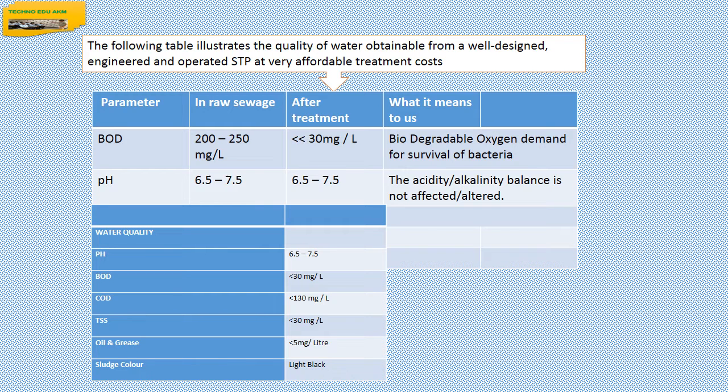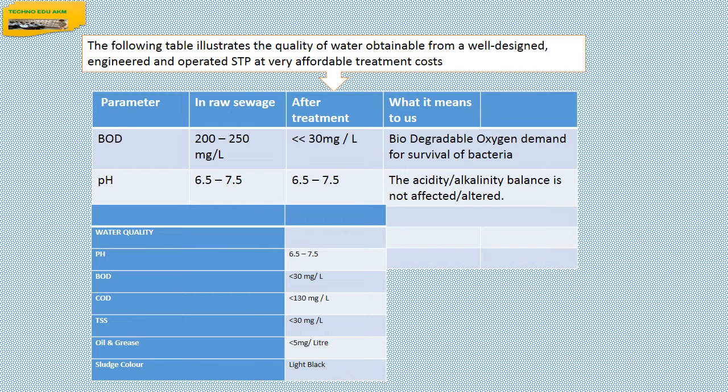In fact, the pH value of the sewage must be from 6.5 to 7.5. Biological oxygen demand should be less than 30 milligram per liter. COD level should be less than 130 milligram per liter. COD means chemical oxygen demand.